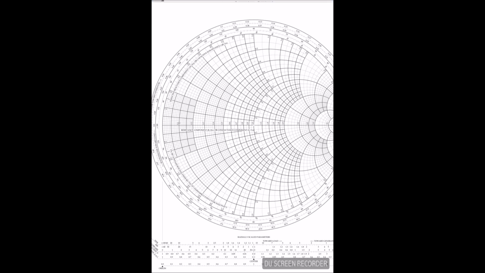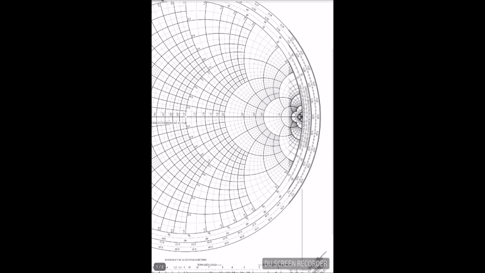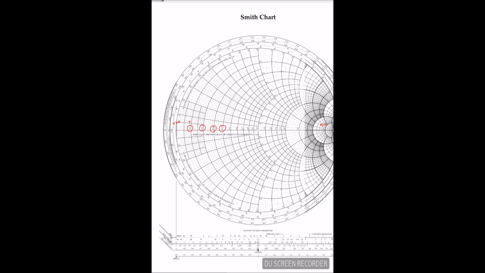R equals 0.1, R equals 0.2, 0.3, 0.4. This is the R circle from 0, and when it goes to the right, it is R equal to 10 here, and it comes to here, which is R equal to infinity. So this point is R equal to infinity, and similarly this is called the R circle.